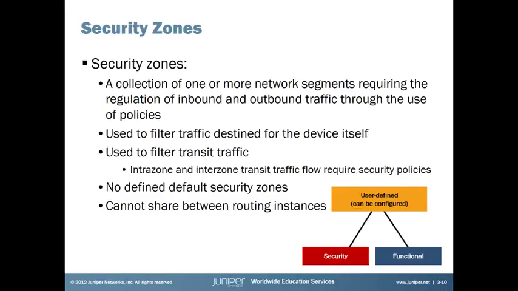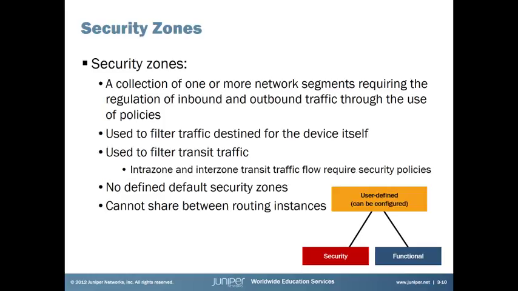And note here that intrazone and interzone transit traffic requires security policies. That's a good point. In our firewall configuration here in our classroom, we've actually got 2 different network segments. If we want traffic to go between those network segments, we have to put a policy in the zone that says traffic is allowed within the zone.